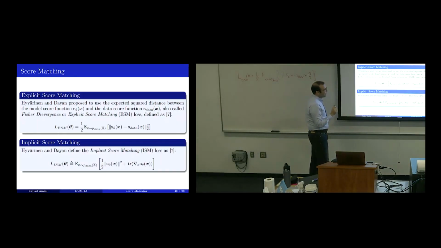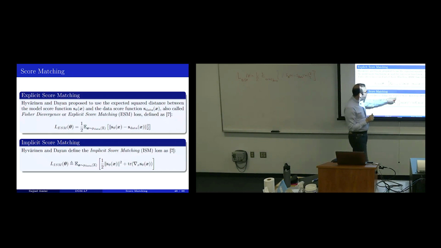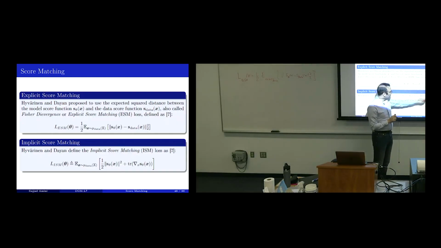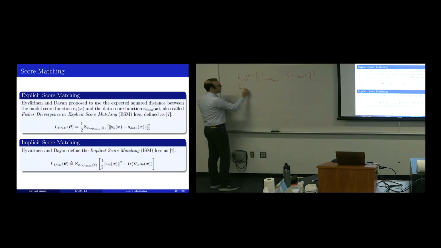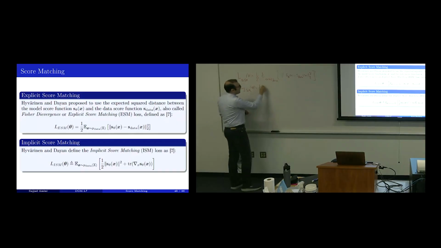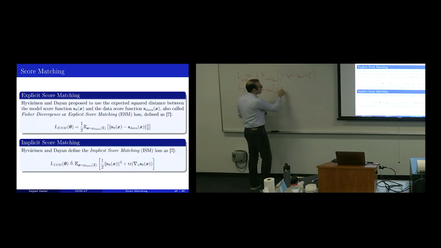One of the very interesting points that Hyvärinen and Dayan show is that they define implicit score matching, ISM, as this one. It equals, again, the expectation with respect to data coming from P data. Look at the term, then I want to ask you a question. Look at the loss. What is the term you are taking the expectation of?